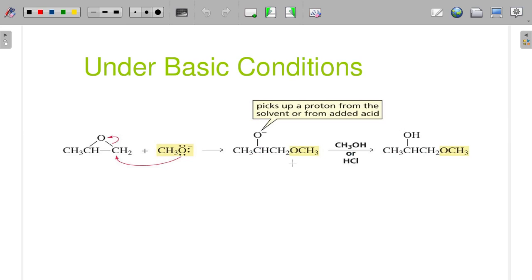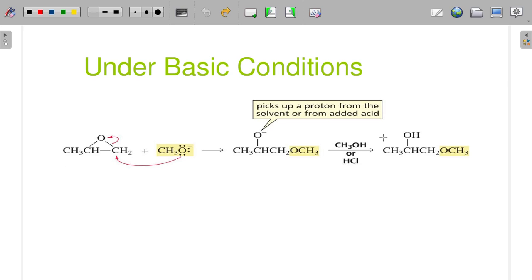All right. Now, turns out we can get the ring to open up under just basic conditions as well. We can just do a straight SN2 attack on the ring, because the ring will be slightly positive. So a strong nucleophile will just do a backside attack. And then with some alcohol in there, the H will protonate it, and you end up with a new substituted product.